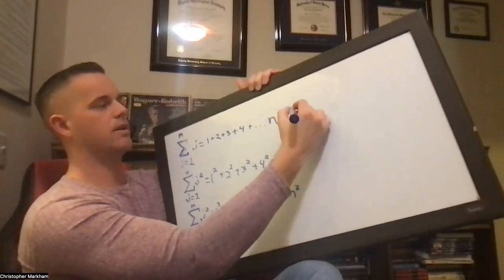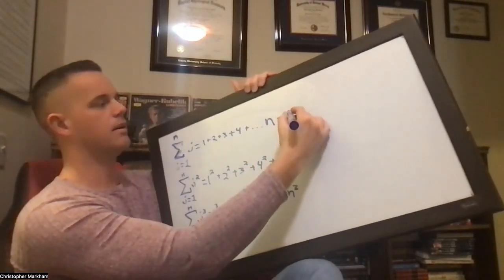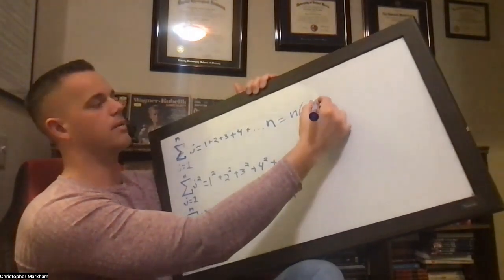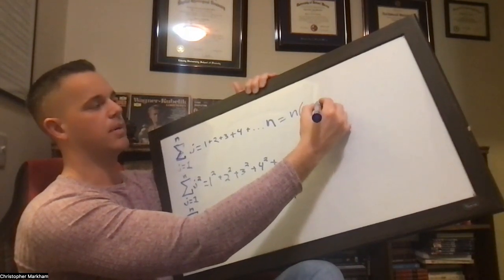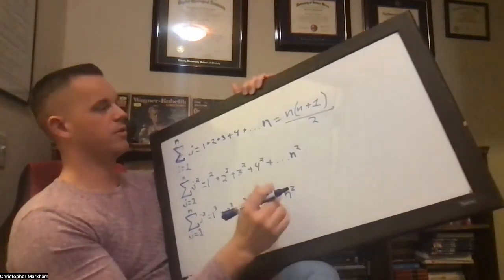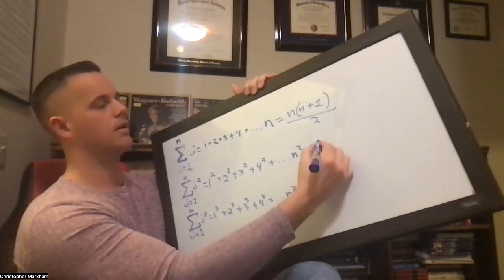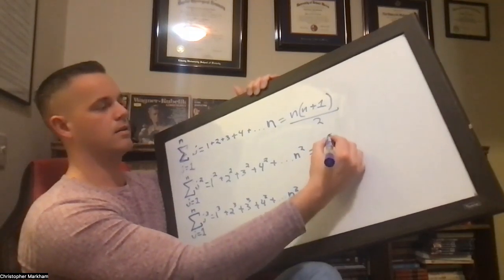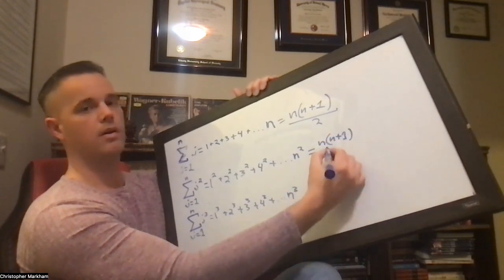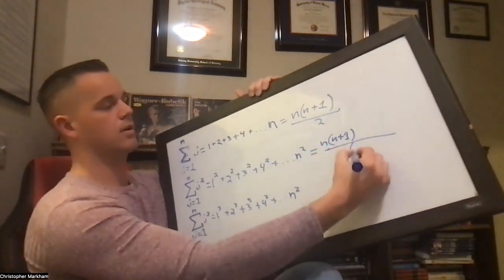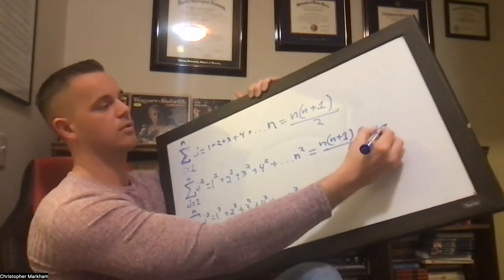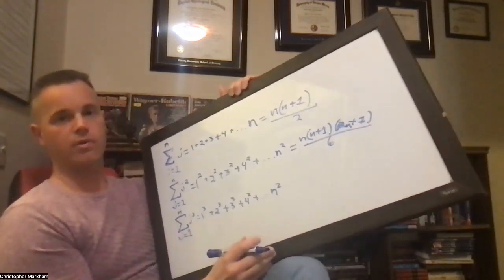And so this first one, this top one, is like saying that the sum equals n multiplied by n plus 1, over 2. The second one is like saying n times n plus 1, times 2n plus 1, over 6.